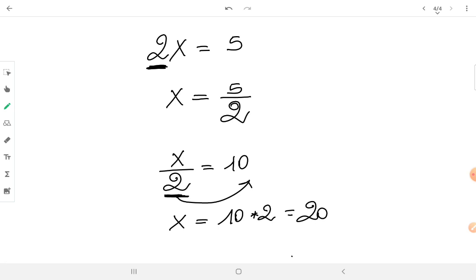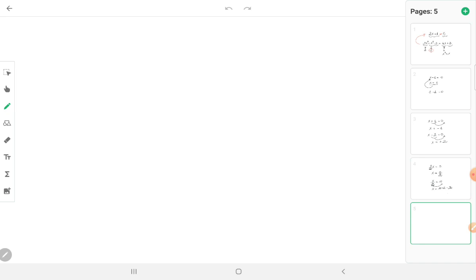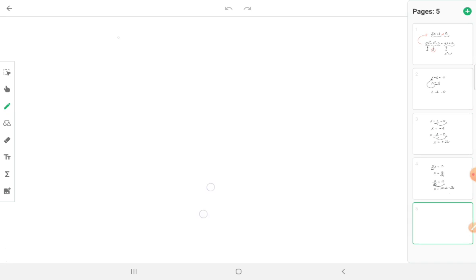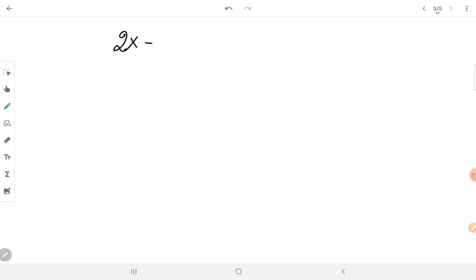These are the 4 rules that allow us to solve a first degree equation. For example, we can have this equation: 2x plus 5 equal to x plus 10.